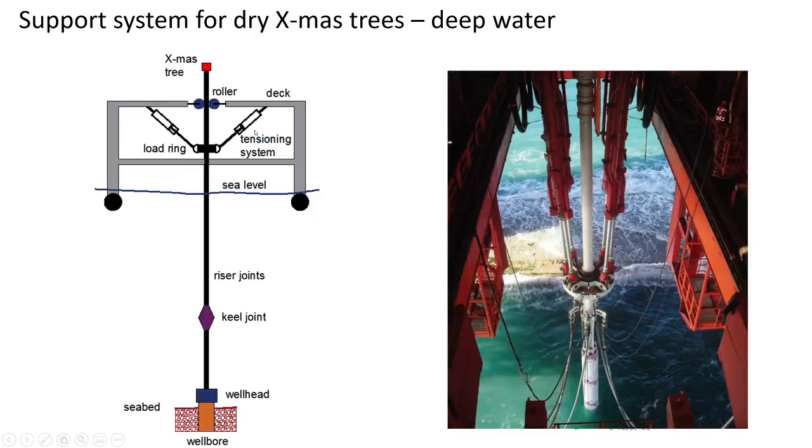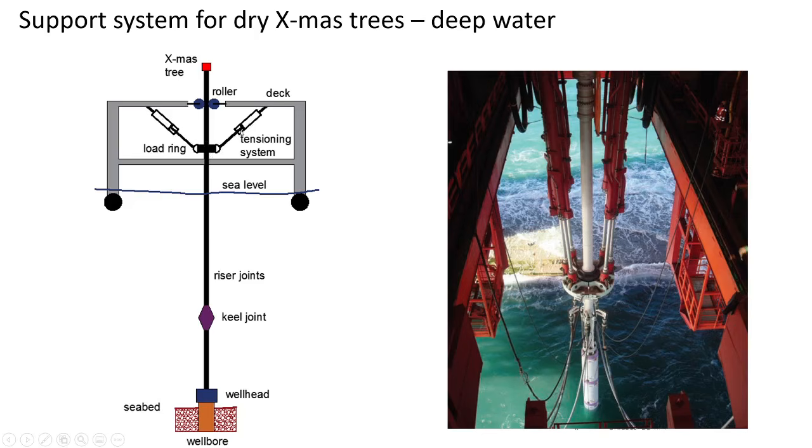Okay, another approach that is also used instead of using air cans, and this is also typically used for subsea drilling, for deep water drilling, is where, instead of having the cans, you have some tensioning system.